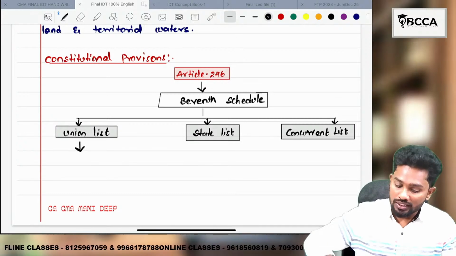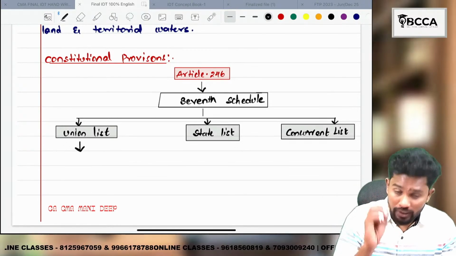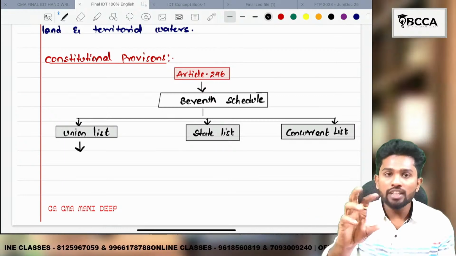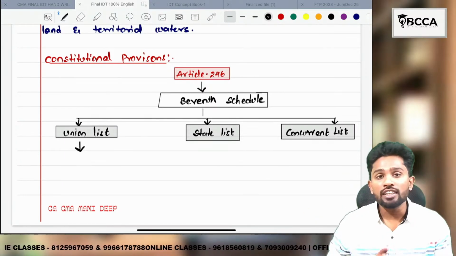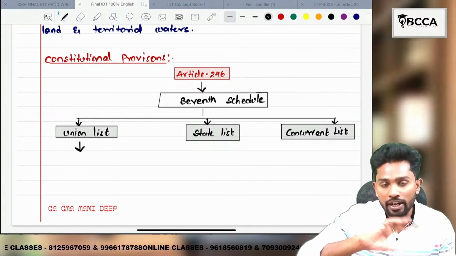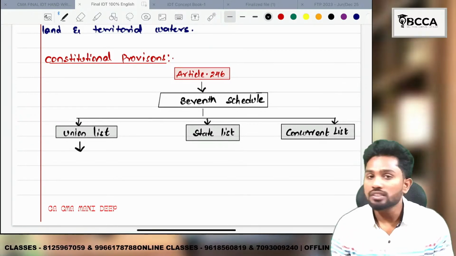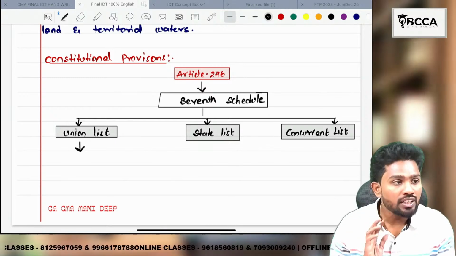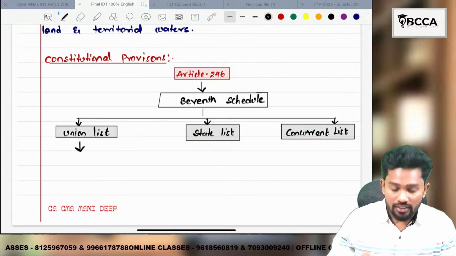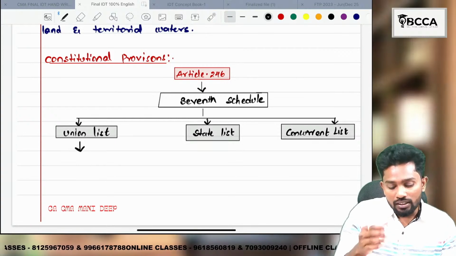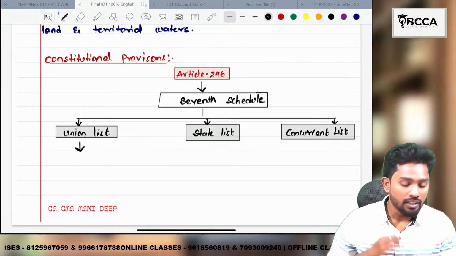On them the central can frame law, and the state can also frame law. If something, let's say environment related, is in the union list, a law on those items can be framed only by the central government. If that is in the state list, then a law can be framed only by whom? The state government. So there are certain matters in the union list on which the law can be framed only by the central government.